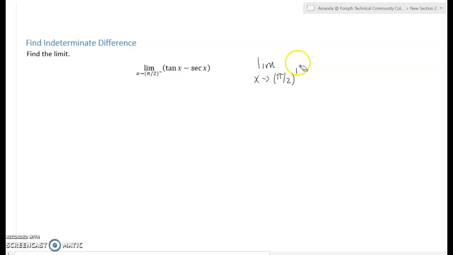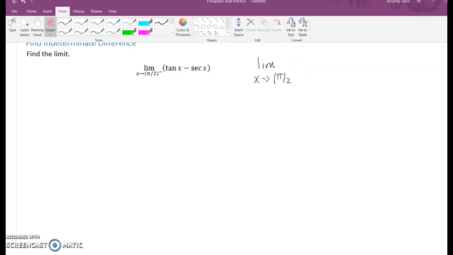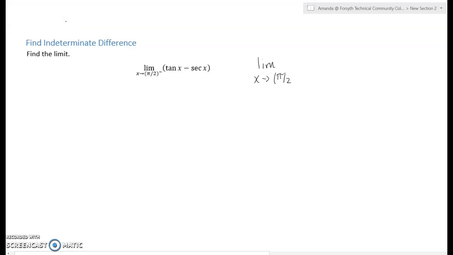Let me fix that up. From the left would be essentially infinity minus infinity. So the question is, which infinity is bigger? Well, we don't really know. So again, we're in this indeterminate form.